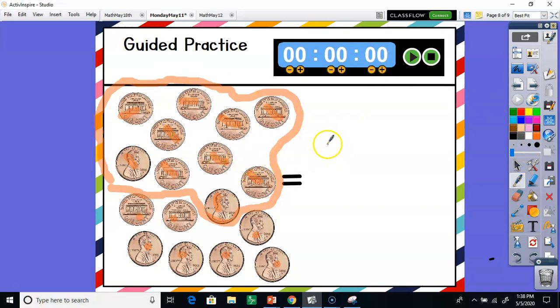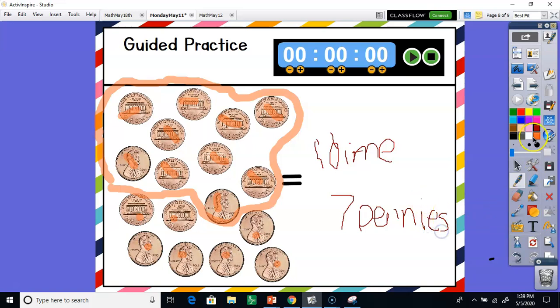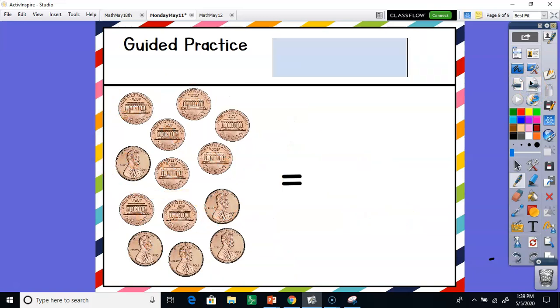So we're going to trade these 10 pennies for 1 dime. And then 7 pennies left over. Oh my goodness. There we go. All right, let's do one more and see if we can do a little better.